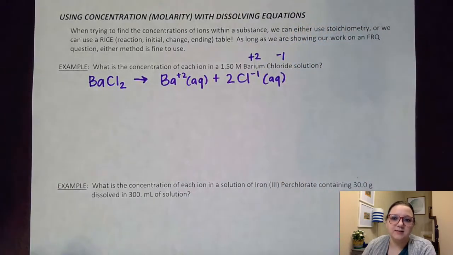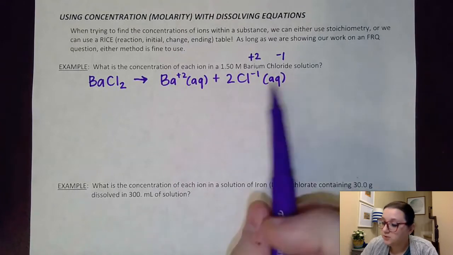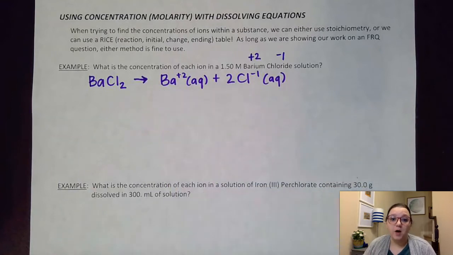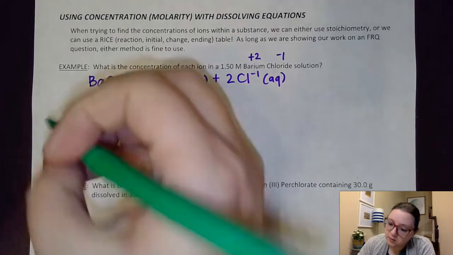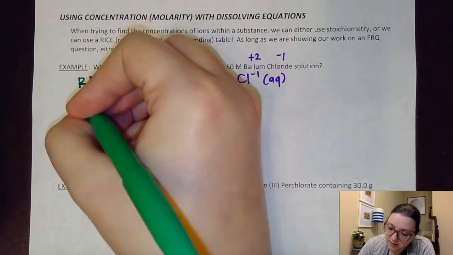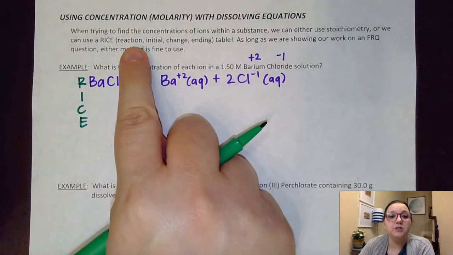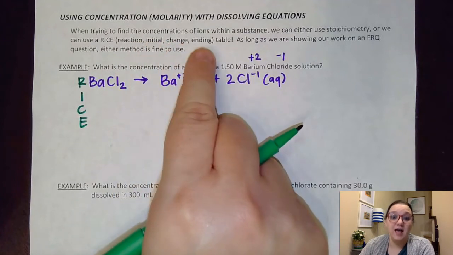Now, you wouldn't necessarily have to put the states in order to solve this problem, but you should be showing the charges as well as the coefficients with those two ions. So first off, let me show you type number 1 of how to solve this, and that is by utilizing what is called a RICE table. Now, a RICE table stands for reaction, initial, change, and ending.